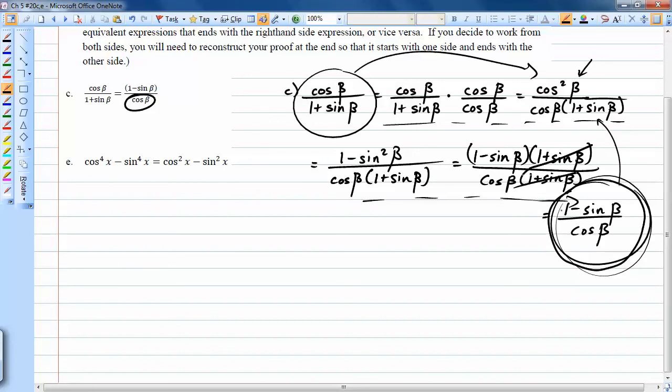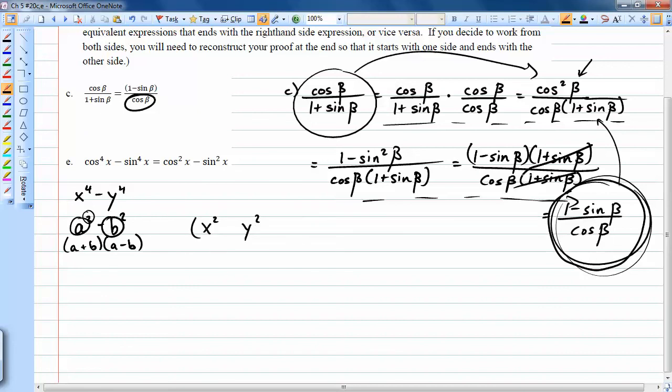Okay? So in E, this one's a little tricky because it's got fourth powers here. But let me show you this trick. If I have x to the fourth minus y to the fourth, you can really think of this as a squared minus b squared, where that turns into a plus b, a minus b. But the a and the b are really x squared and y squared.